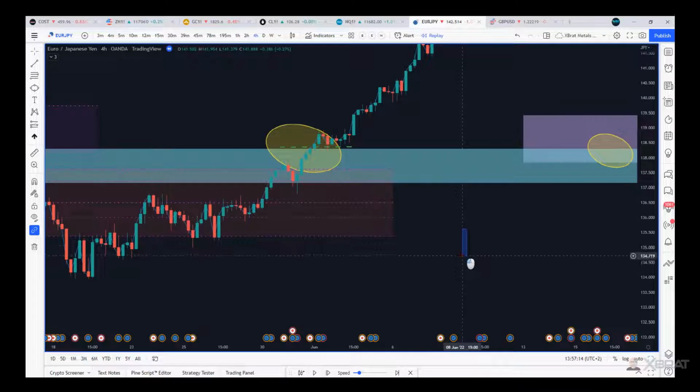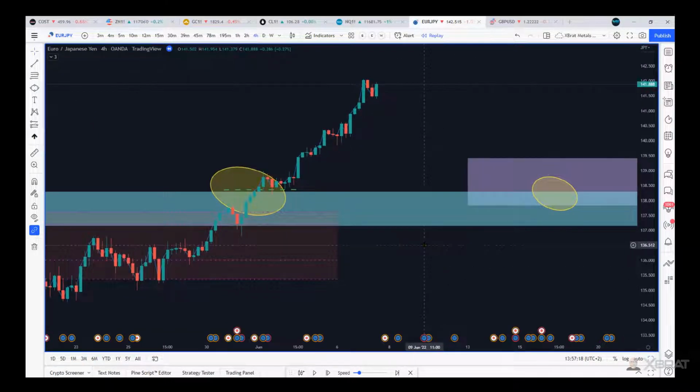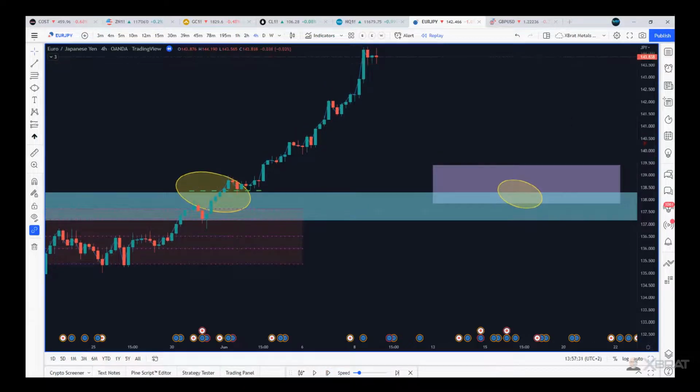Simple strategy using a couple of simple tools. All the hard work gets done behind the scenes with the XBRAD algo and the auto harmonic. So let's just keep playing this forward because something very interesting happens here.